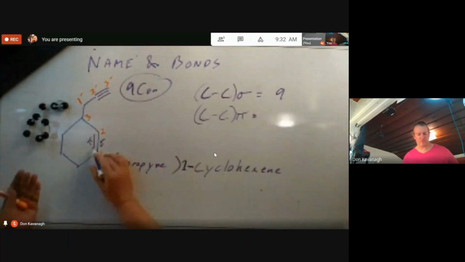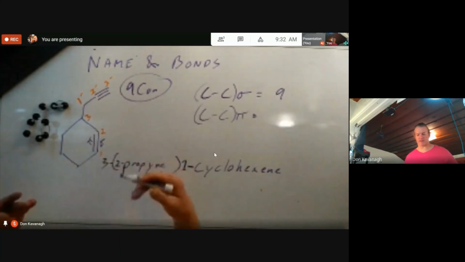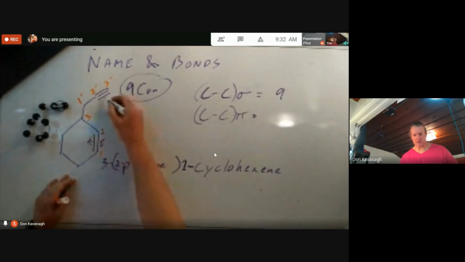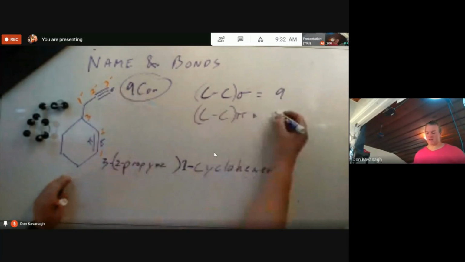You could flip it. It's up to the reader to make that kind of distinction, to say, okay, one of these is a sigma, the other one must be a pi. That's what the author is implying. Up here with this yne, one of them is a sigma, and I'm just going to say the middle one arbitrarily, and the other 2 are pi's. So there are 3 pi bonds in this structure.